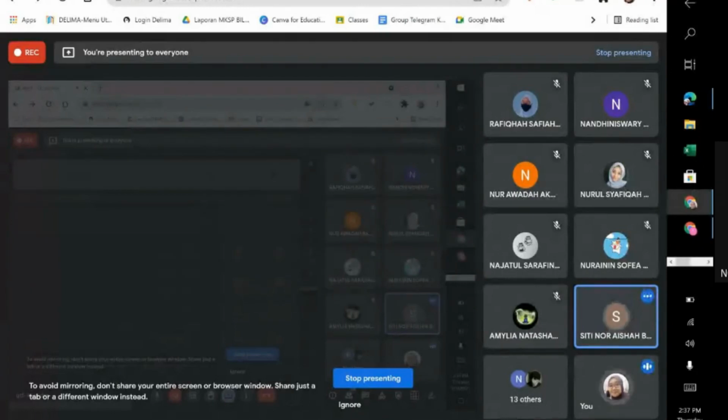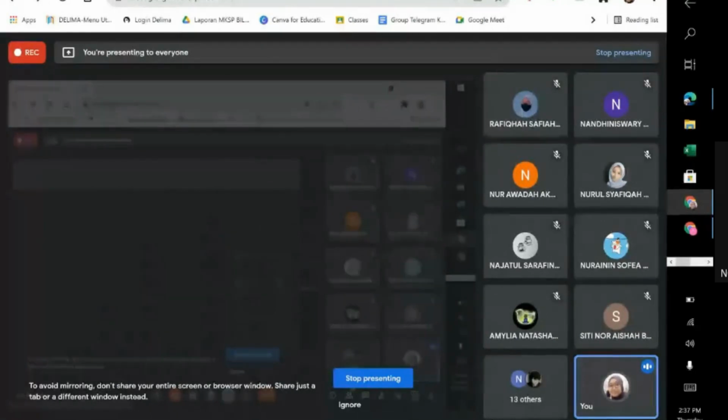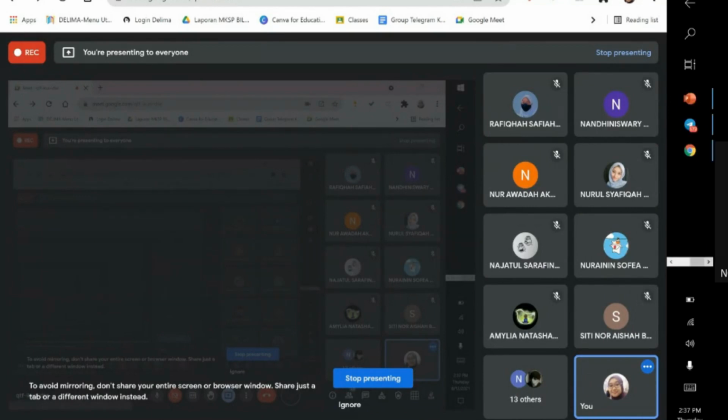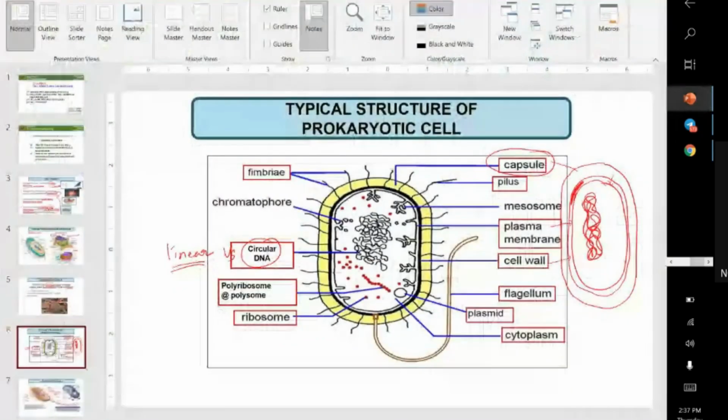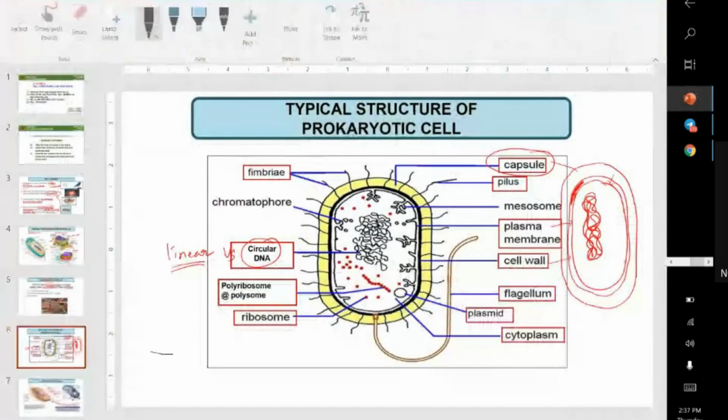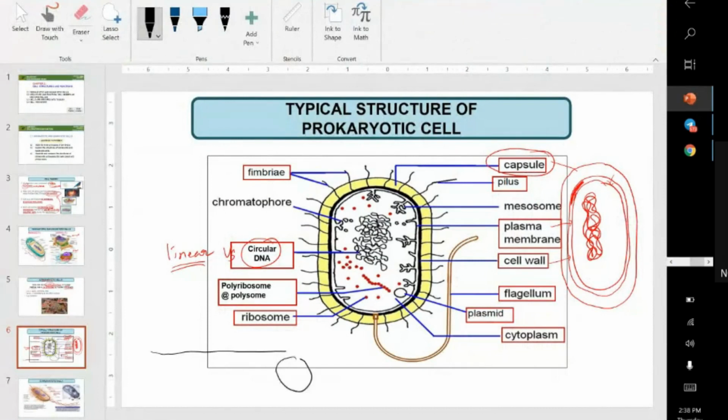Yeah, straight line. If we have to describe the difference between a linear and a circular, what makes them different? You see, linear is like this. Circular is like this. So what's the difference then?